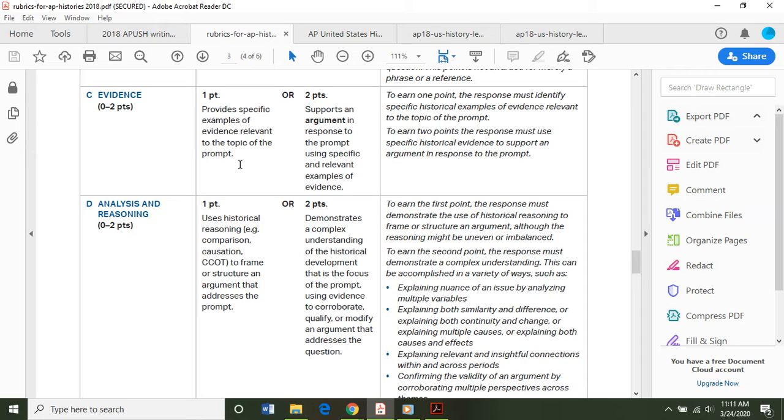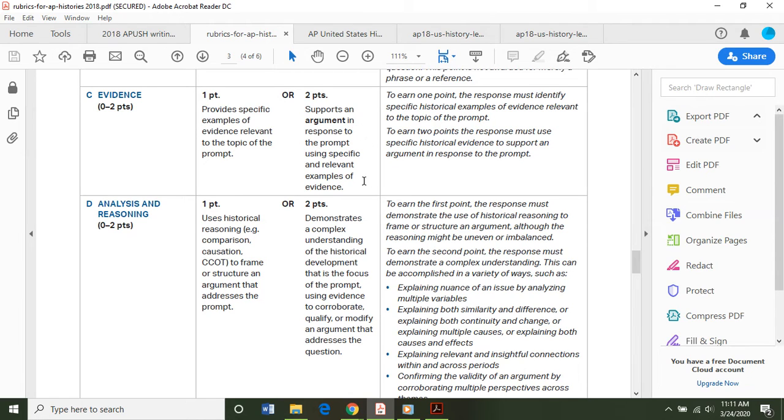You are done. Like I said, it is the easiest point. If you don't know anything about it, I can't help you. But most of you have been studying APUSH all year long, and you can pull 2 pieces of evidence to get that point. Here, the second evidence point is a little bit harder.